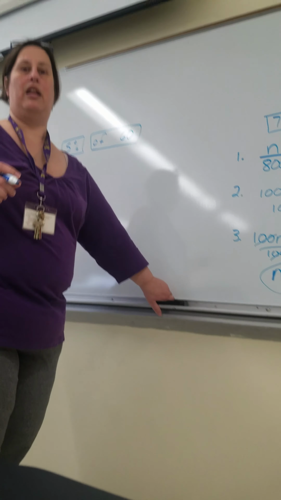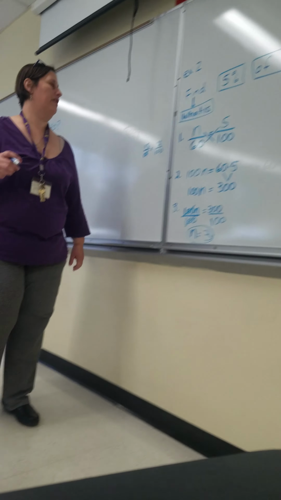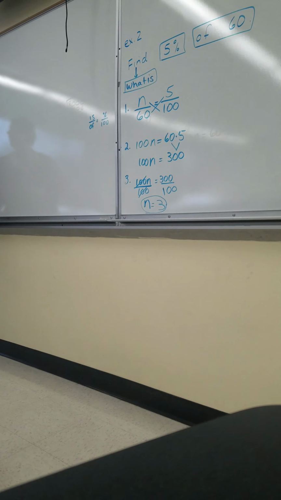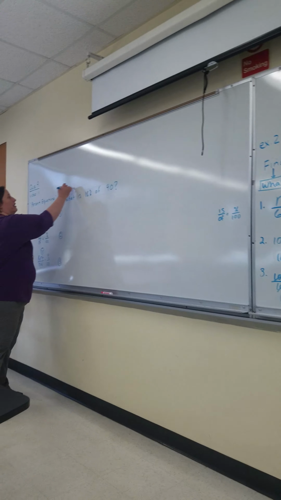All right, let's work on another example. This is example 4. What is 16% of 90? 16% of 90. So again, let's go back. We have our 3-step process. First thing we see, what is?